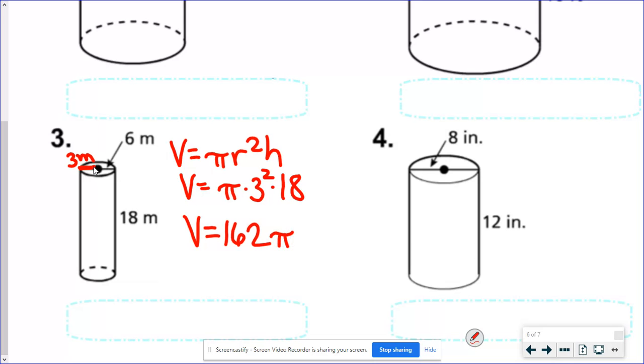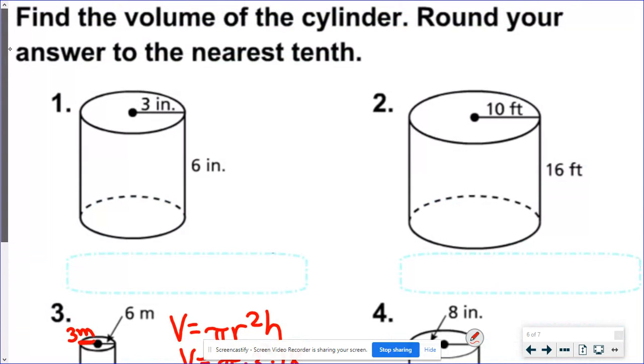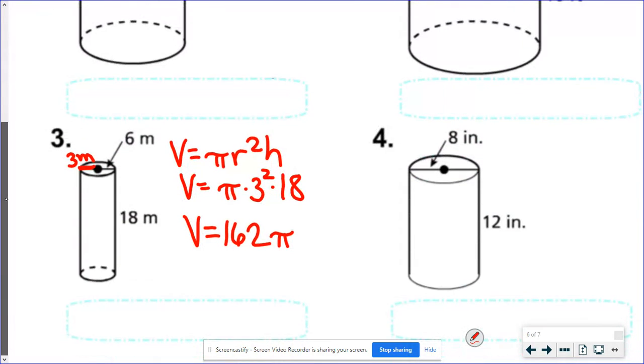But I don't necessarily want that answer. And I believe that it says to the nearest 10th. So that means I have to actually take that 162 and multiply it by pi, which gives me, I'm going to go with my squiggly equal sign, 508 point, let me write down a couple of decimals here, 938.